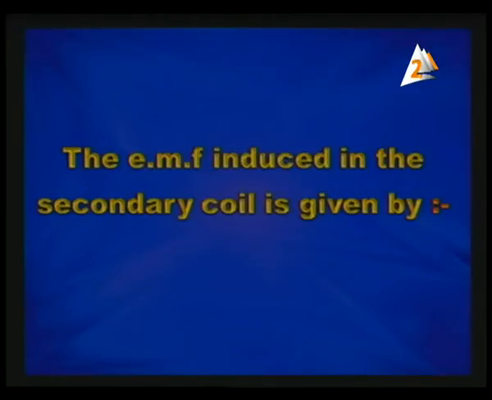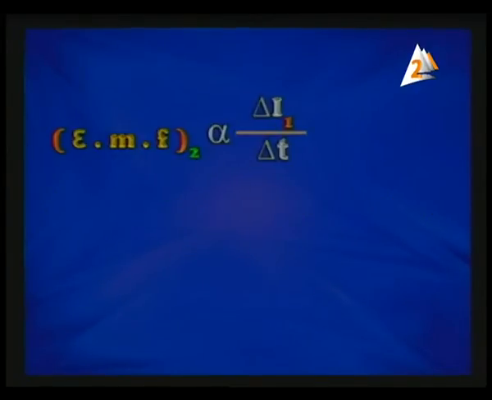And now the EMF induced in the secondary coil is given by the mathematical relation. EMF 2 is proportional to delta I1 over delta t, the rate of change of the current in the primary coil.